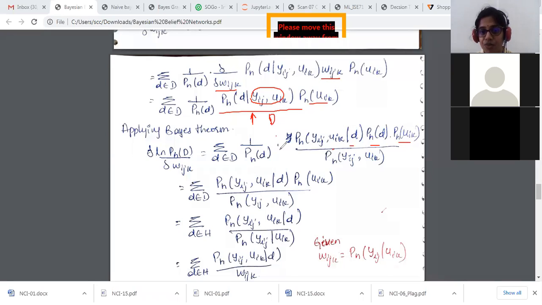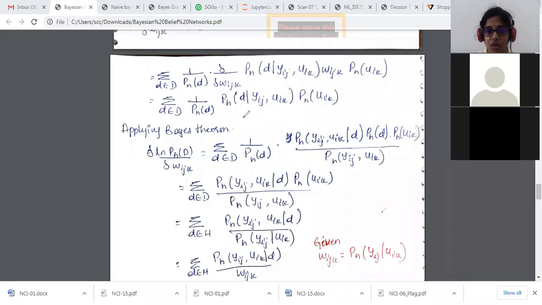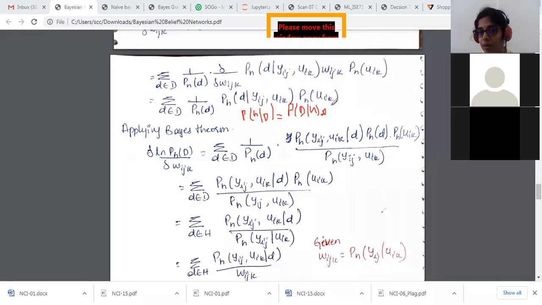So I have my Bayesian theorem applied to this part. So this entirely is my Bayesian theorem. To tell you again, P of h given D is equal to Bayes theorem: P of D given h, which is my likelihood, into my prior knowledge, divided by the evidence.